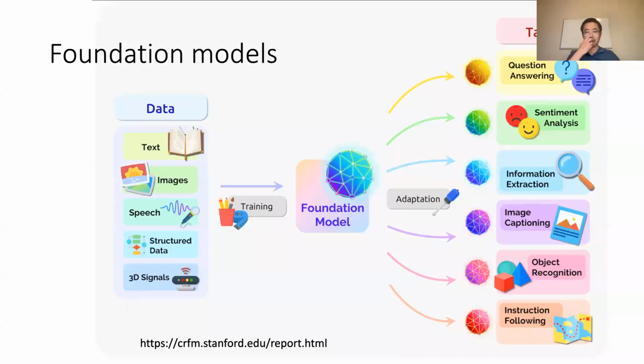The idea is that in AI everywhere, there is a notion of a foundation model, namely some big neural network model. It can take in any data modality. It can be text, NLP, image, speech, structured data, 3D signal, or whatever.